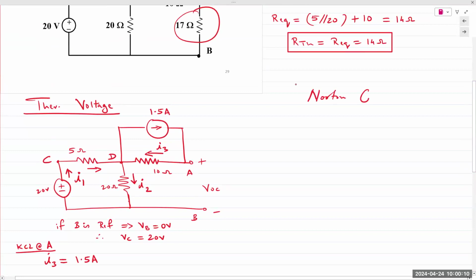For Norton current, IN, the circuit should look like this.